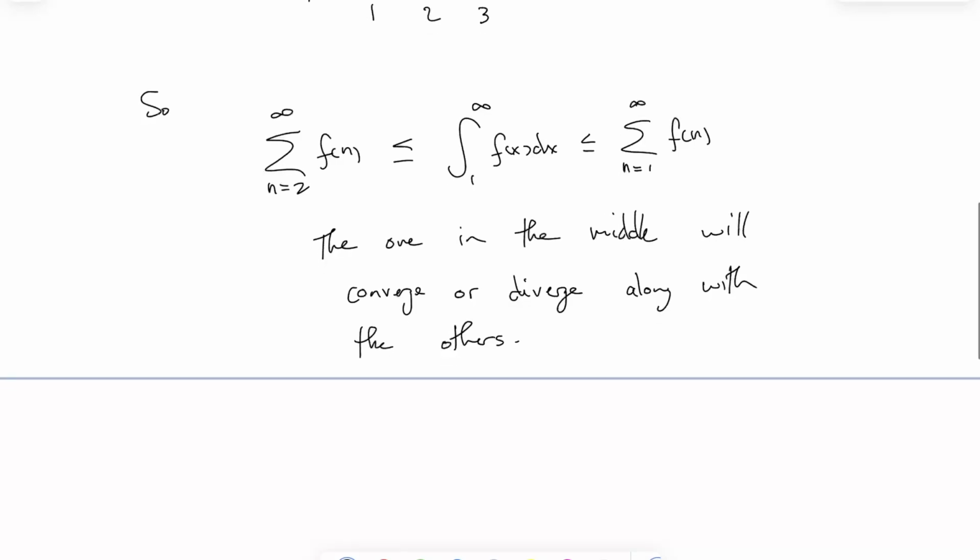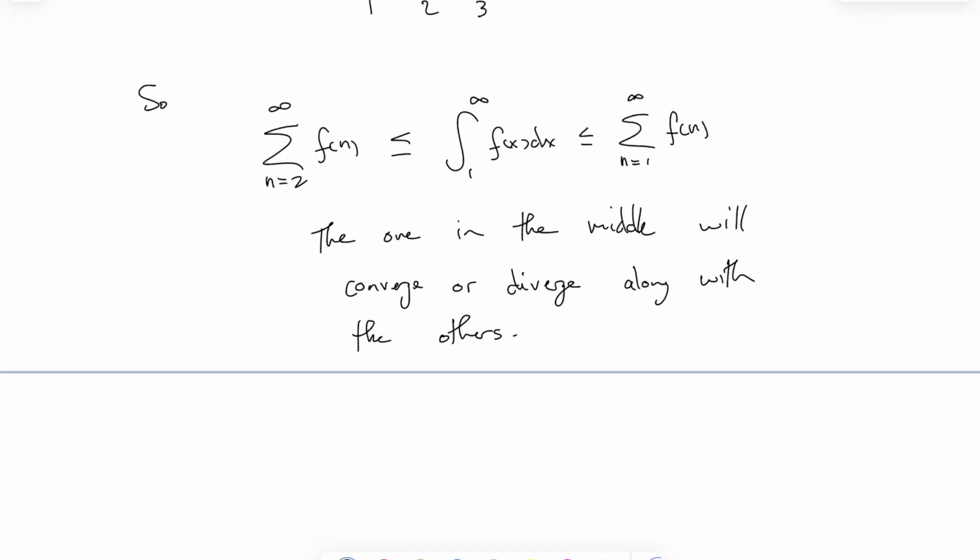The convergence of the one in the middle is the same as the convergence of the others. They don't converge to the same thing, but what I mean is, if the others converge, then the integral converges, and if the others diverge, then the integral diverges.